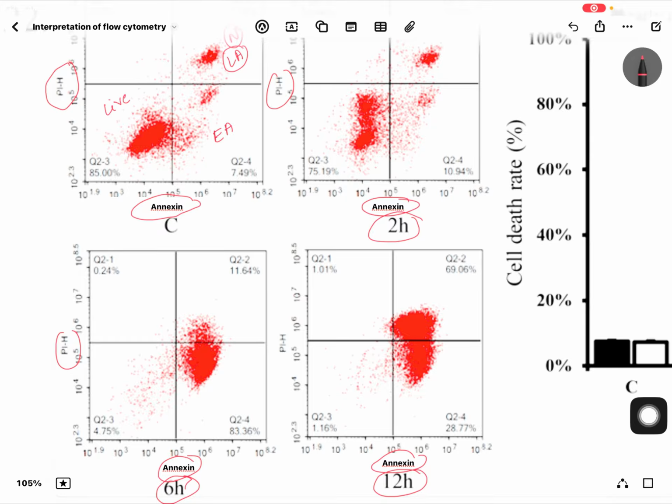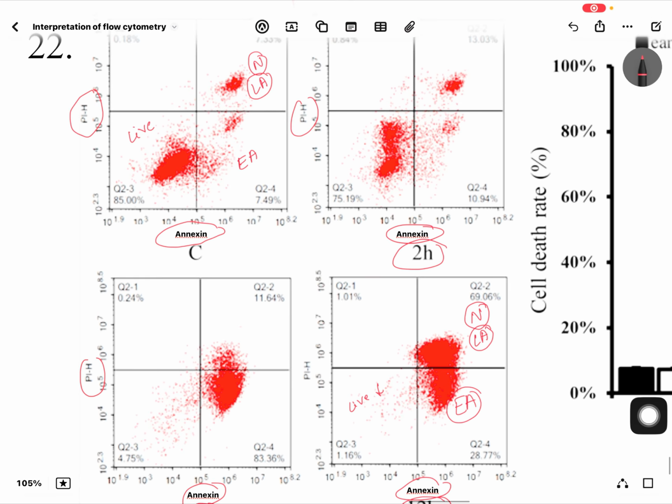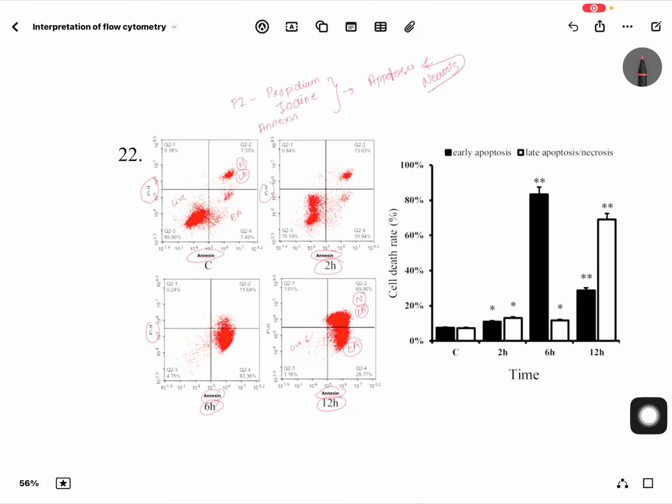At 12 hours we see most of the live cells have decreased and a lot of cells have undergone necrosis and late apoptosis, along with a few early apoptotic cells. So flow cytometry can also be used in knowing early apoptosis, necrosis, as well as studying how the treatment for cancer is taking place.